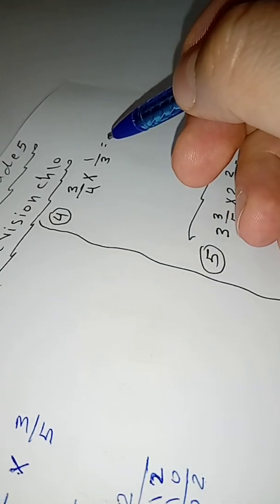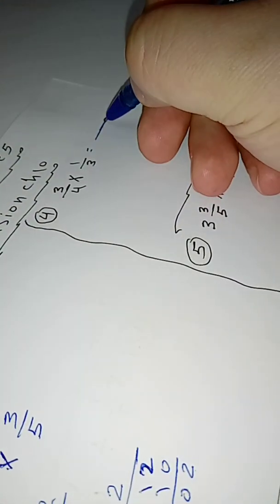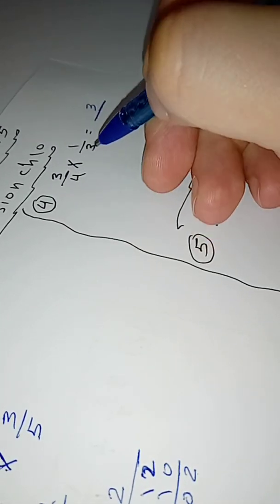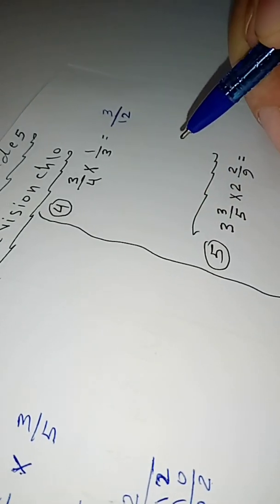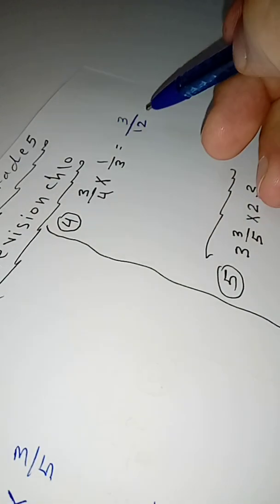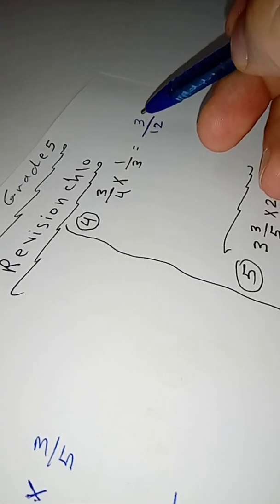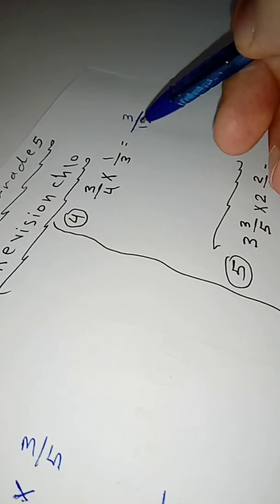Here we have a fraction times a fraction. I can directly write 3 times 1 will be 3, 4 times 3 will be 12. Here I cannot write this fraction as a mixed number because the numerator is smaller than the denominator, but I can do the simplest form.